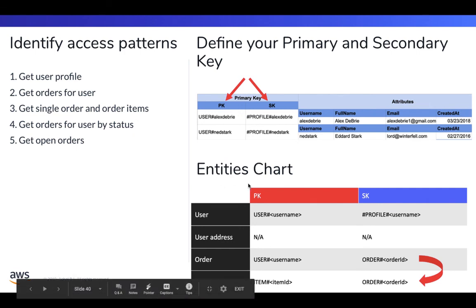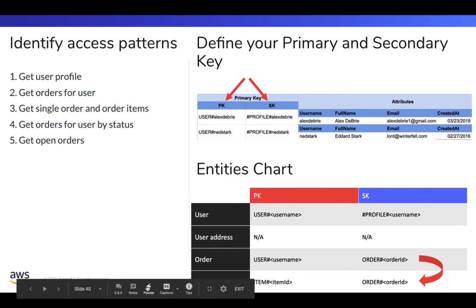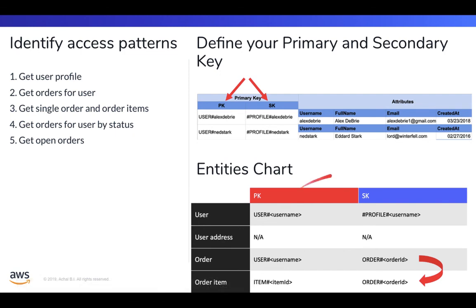And while doing this exercise, it's best to create an entity chart where we list what entities are out there, and what the primary key and sort key would be for the entities.